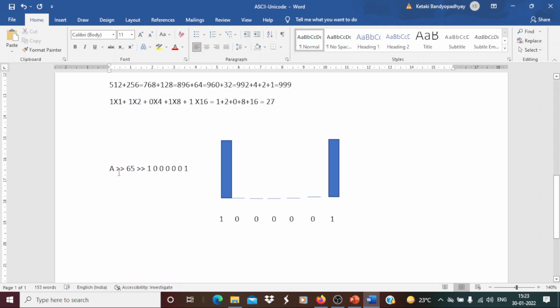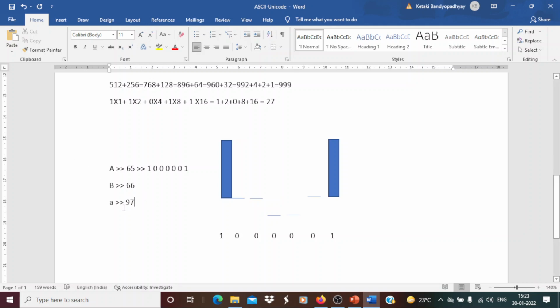So for example, A is a character, this is called an ASCII character, and the ASCII value of A is 65. Similarly, there is a capital B, which has ASCII value 66. There is a lowercase a, which has ASCII value 97.